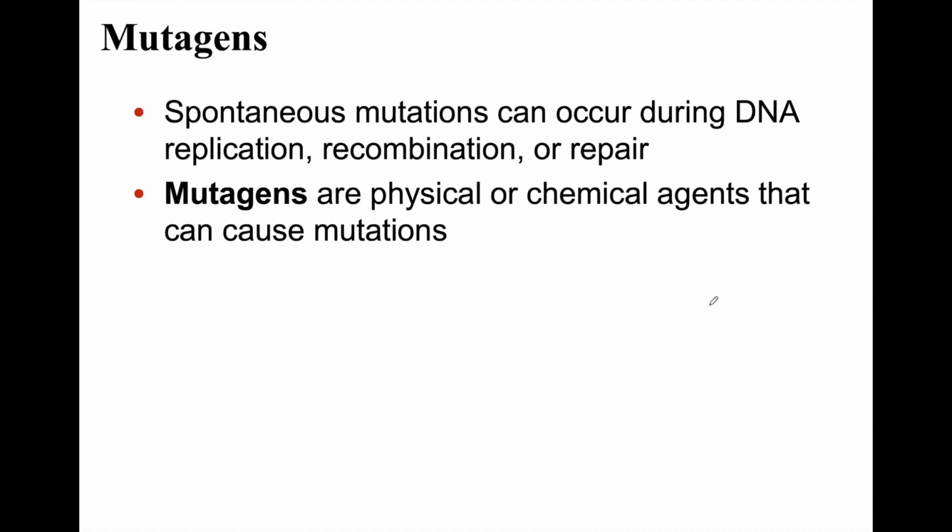Some mutations are because you're exposed to mutagens. Mutagens are things that will mutate your DNA. For example, cigarette smoke. If you are smoking two packs of cigarettes a day, then it's very likely that sometime in your life you're going to get lung cancer. Why? Because that cigarette smoke contains mutagens, and those mutagens mutate the DNA of your lung cells, causing those lung cells to become cancer cells. Another example is sunlight. It's not good to get too much sunlight exposure.